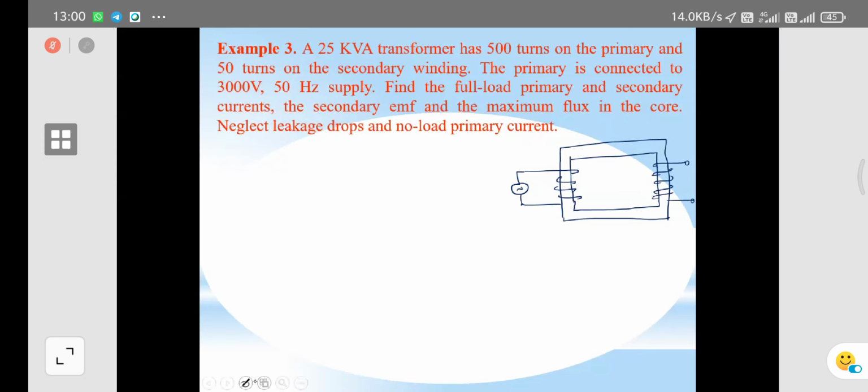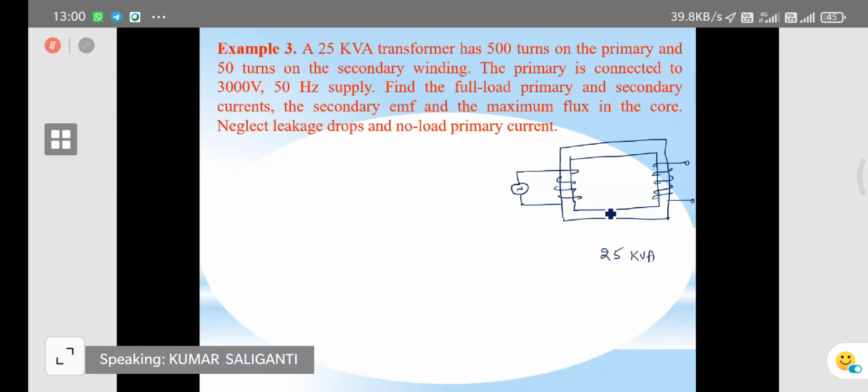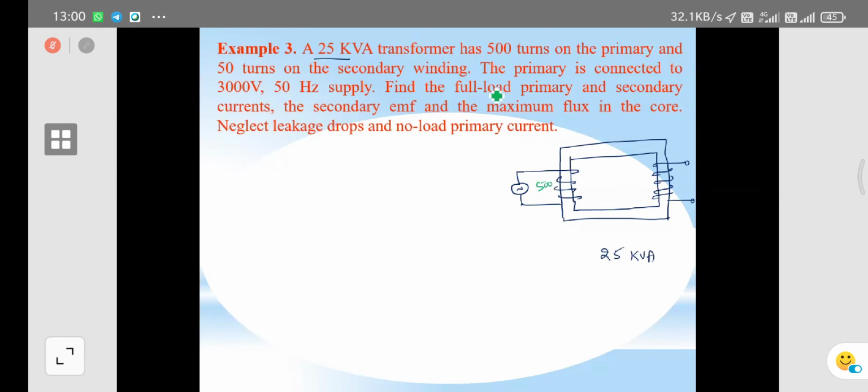A 25 kVA transformer, this is the rating of the transformer. 500 turns on the primary and 50 turns on the secondary. Turns are more on the primary, and the primary is connected to 3000 volts, 50 Hz supply.